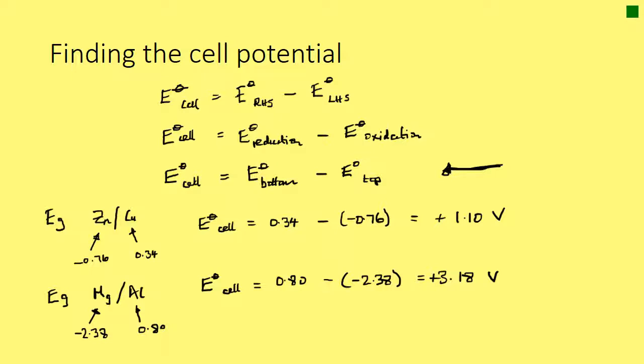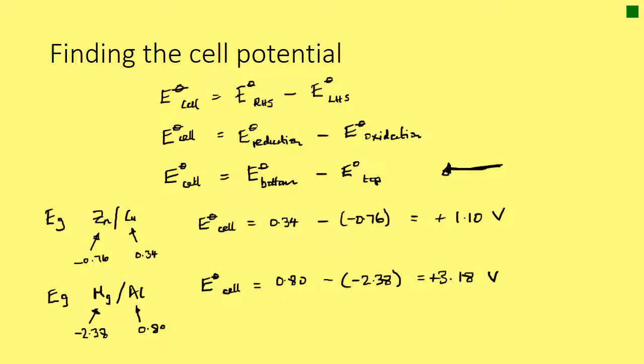And for the anti-clockwise rule, you can write out the same equation such as this. The electrode potential of the half equation that you write on the bottom, take the electrode potential of the half equation that you write on the top.